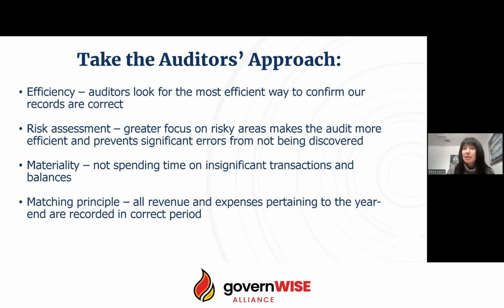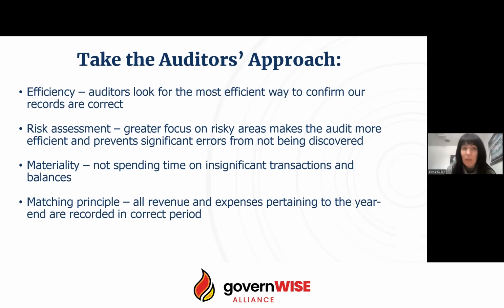Maybe I have a history of messy records somewhere, right? So all these factors are risky. So if I know, for instance, that my education department, they haven't been doing so well with maintaining records, now they're a risk area for a year-end preparation. So I want to spend more time looking through education records as opposed to other departments that may be doing much better.